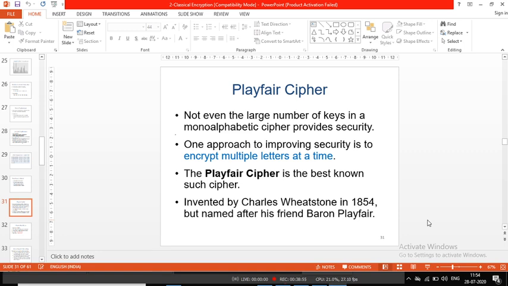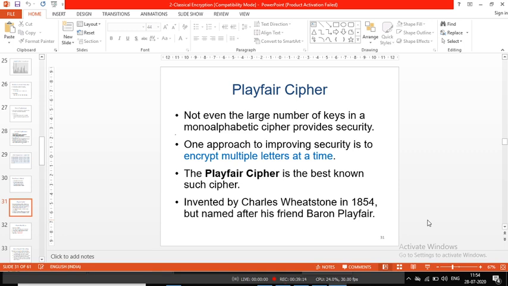But in a block cipher, I can take my data in blocks. For example, in the Caesar cipher and monoalphabetic cipher, I have taken one letter at a time, so that is called a stream cipher.